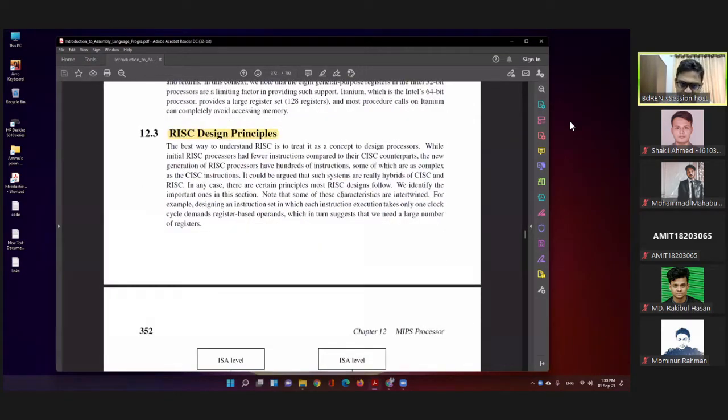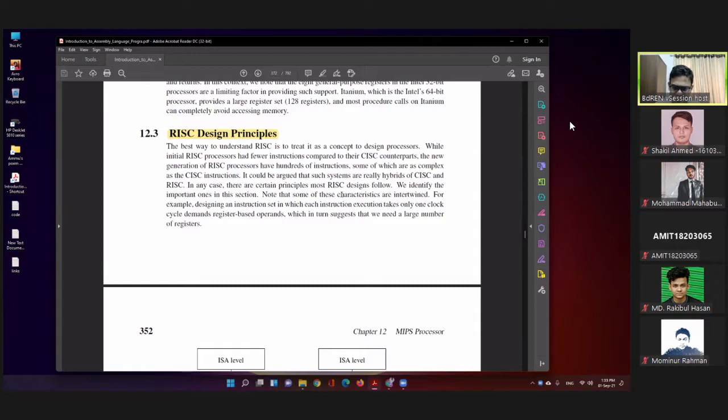RISC design principles. Previously, whenever we discussed the CISC types of processor, those CISC types of processor we are using, like the Intel processor, we also already discussed in chapters number 2 and 3 the architecture, the memory architecture, the addressing mode, the types of the register, and so many things.